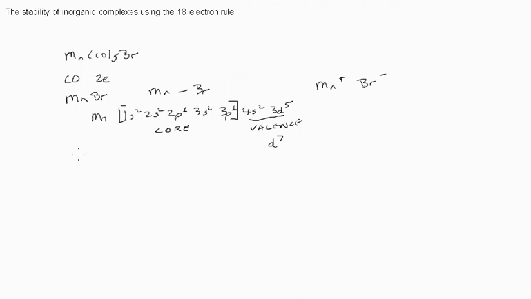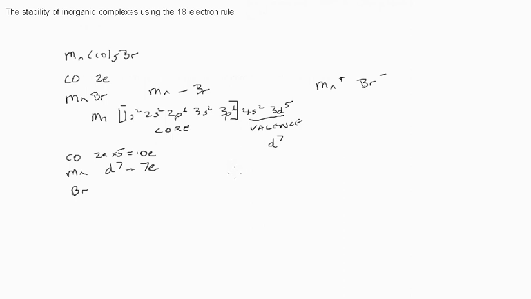So let's start doing our count. We have CO of 2 electrons and we've got 5 of them, and so that equals 10 electrons. The manganese is d7, and now we'll look at the bromine.